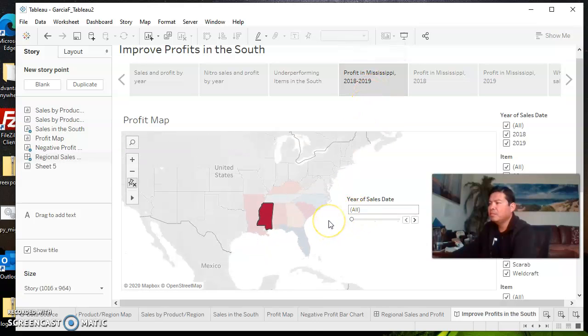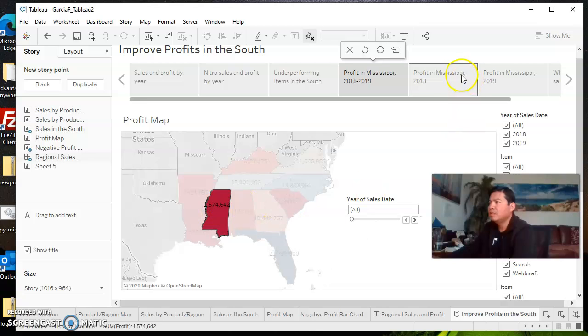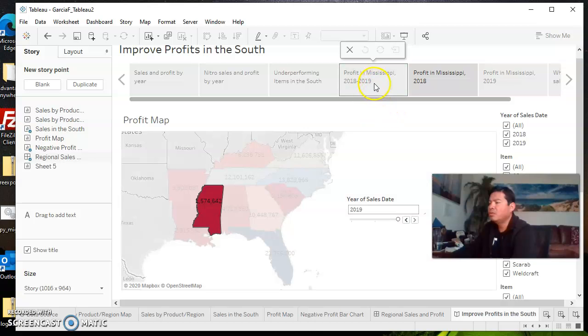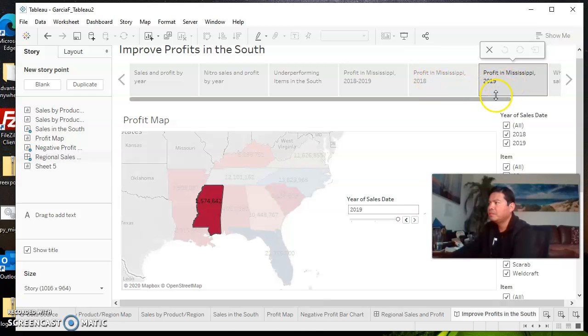The same, not much sales here. This is for 2018, and this one is 2019.